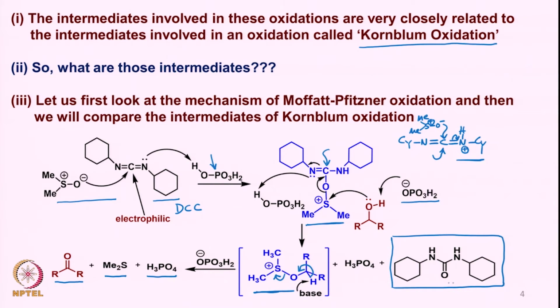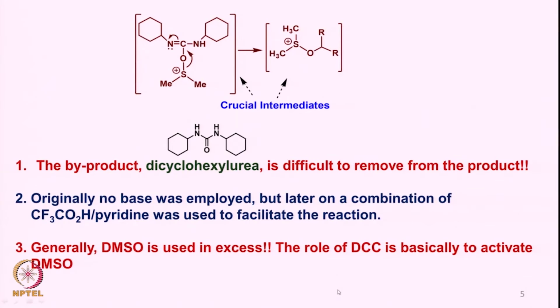But here what I would like to mention is that this particular intermediate which is shown in blue and another intermediate also shown in blue are very crucial intermediates. These crucial intermediates and this dicyclohexyl urea are the ones worth considering.